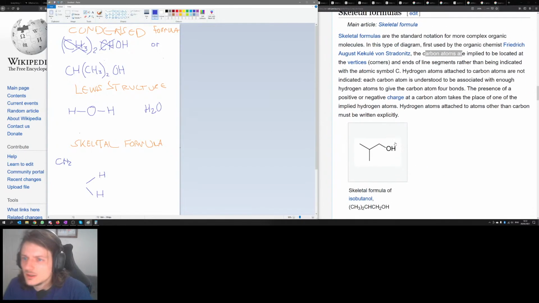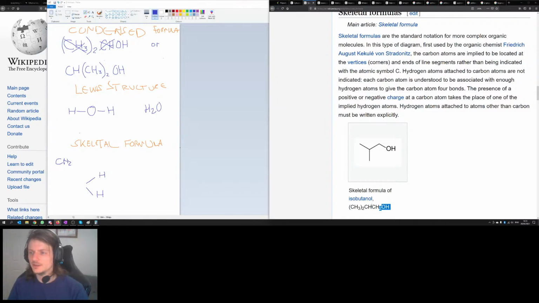Oh, here we go. There's one down here I can have a look at. Carbon atoms are located at the vertices, corners, and ends of line segments, rather than being indicated with the atomic symbol C. Hydrogen atoms attached to carbon atoms are not indicated.